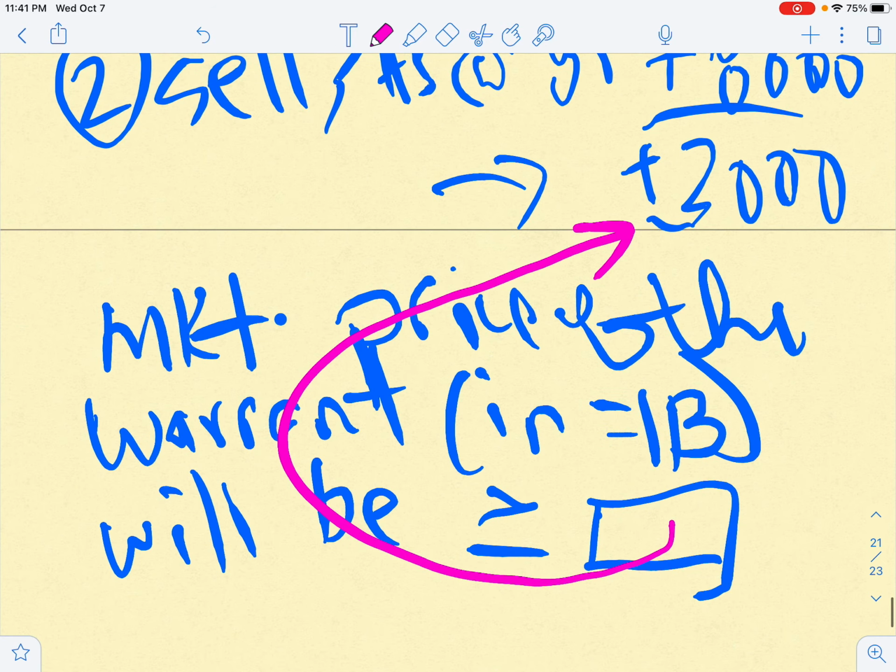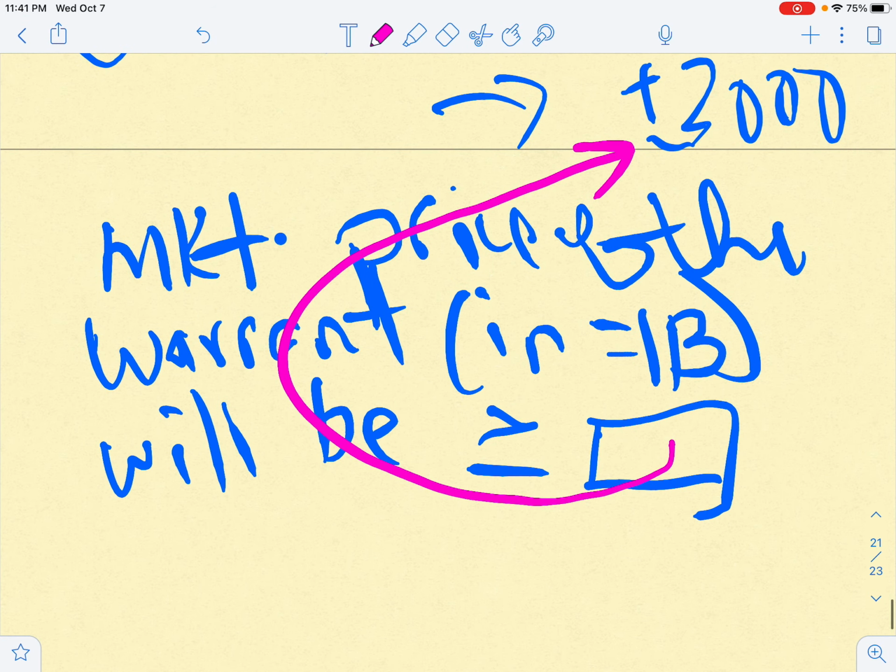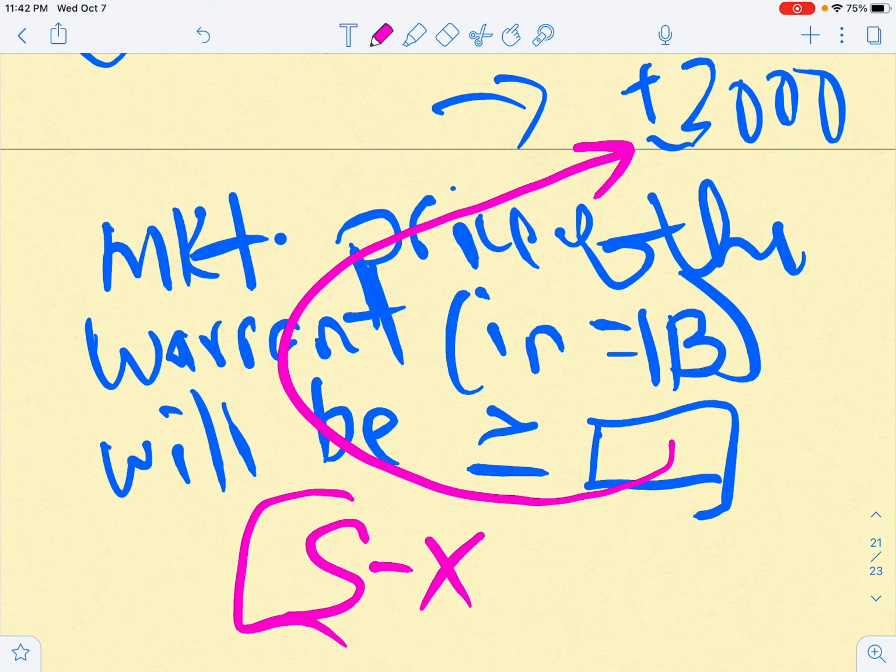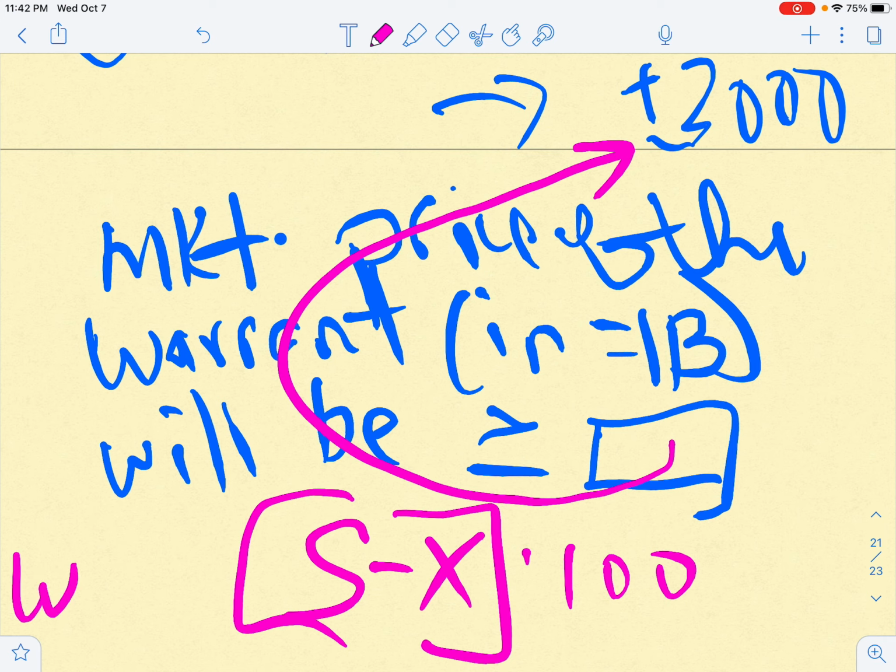Okay, so it'll be the stock price minus, in this example, the $50 price we're able to pay, which is called an exercise price or a strike price. Exercise price, strike price. They're synonyms, and they're often referred to as X. So S minus X times 100 would be the value of the warrant.